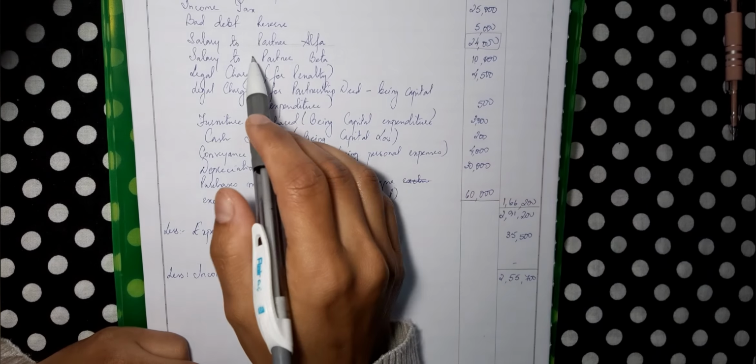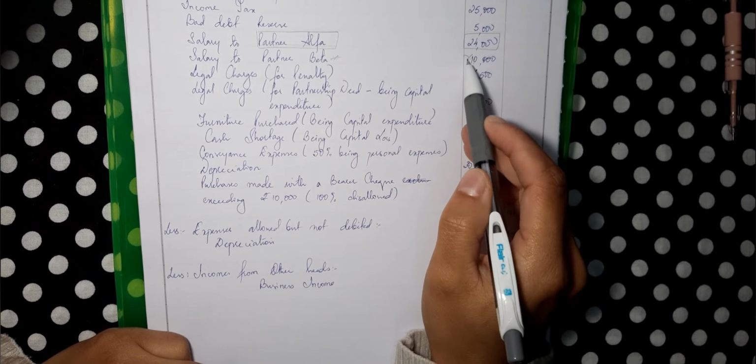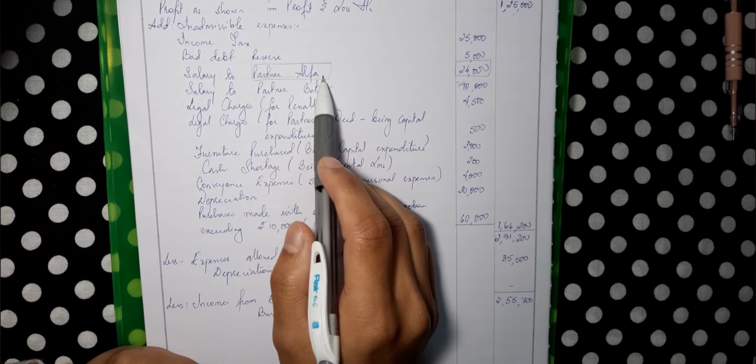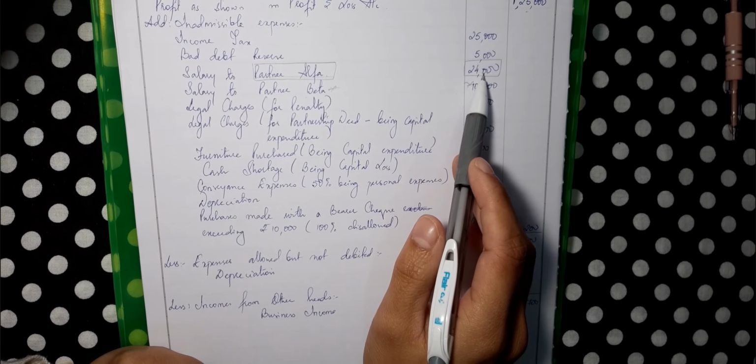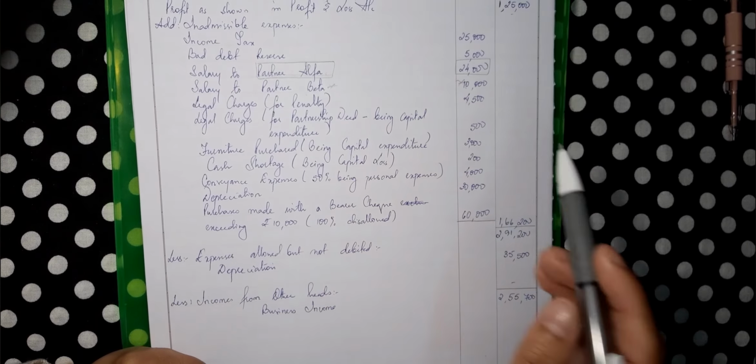If partner Alpha was not a working partner like partner Beta, then it would have remained as a deduction. However, because partner Alpha is a working partner, the amount that he is being paid is allowed as a deduction.